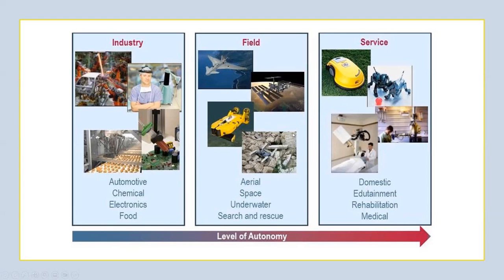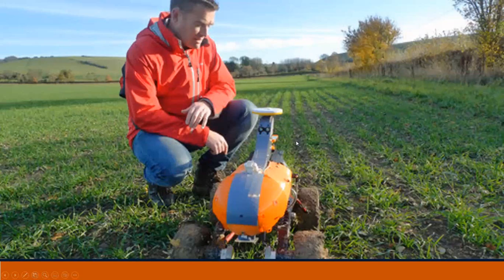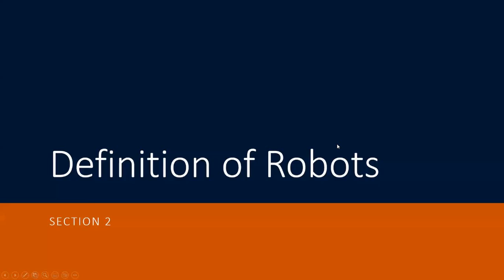These are the different stages that we have. This is the industrial robot. Farming robots. This one is some sort of kiosk robot, the service robot.